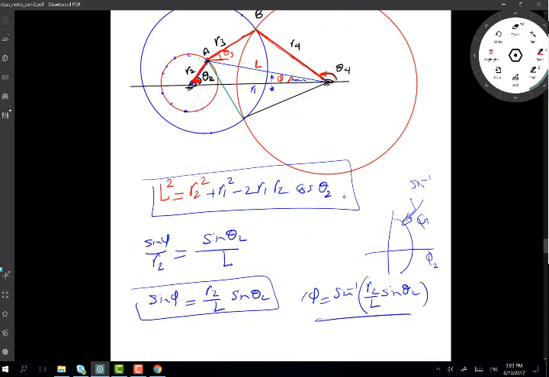When the crank is above the x-axis, theta will be from 0 to pi, and you'll get a positive value. And when point A starts to dive below the x-axis, you get values for theta 2 above pi, so you get a negative value for phi, which tells me phi will be below the x-axis.